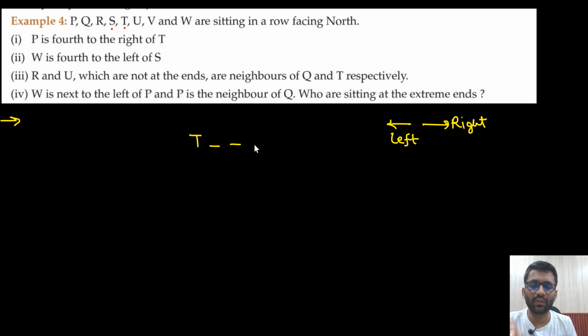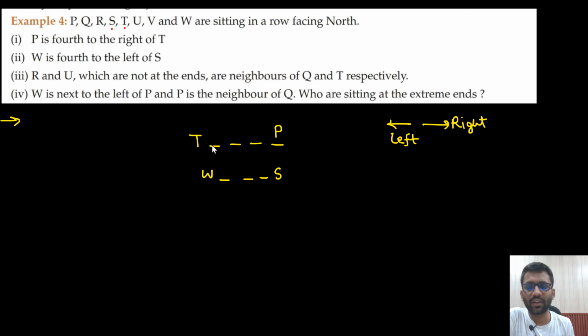So P is fourth to the right of T. W is fourth to the left of S. Left of S. Fourth one. This is the fourth. W is fourth to the left of S.